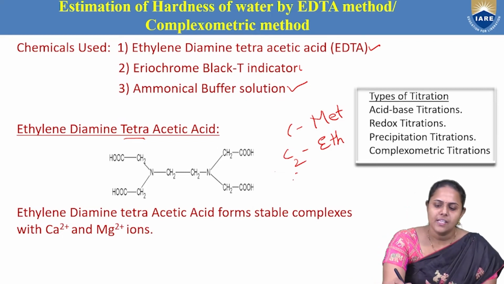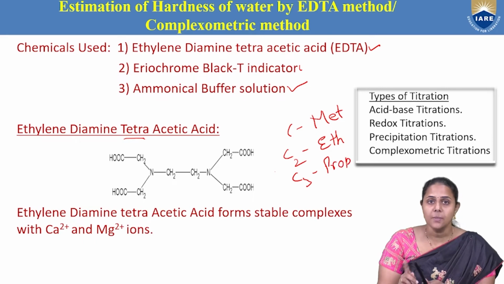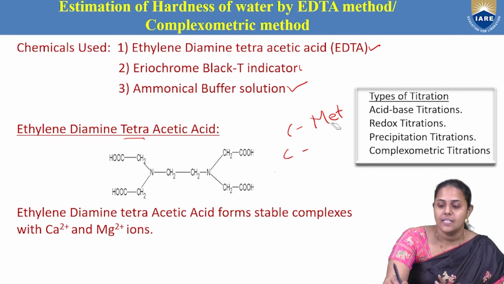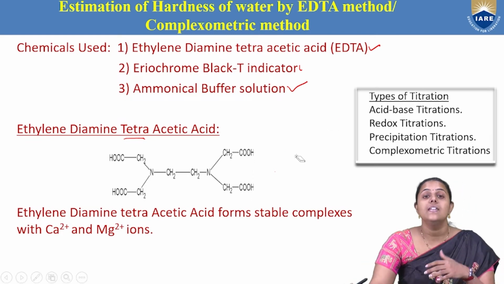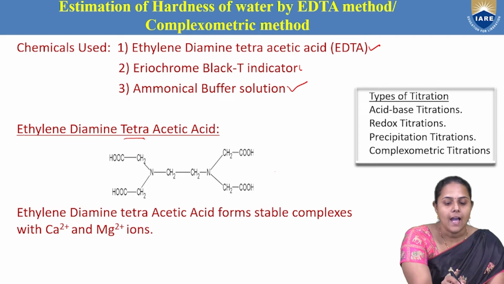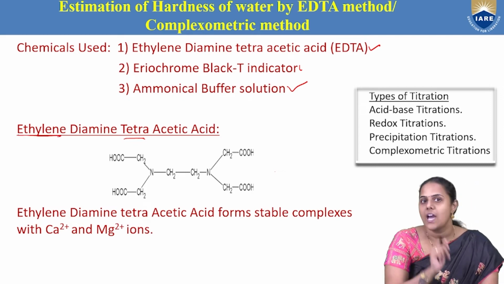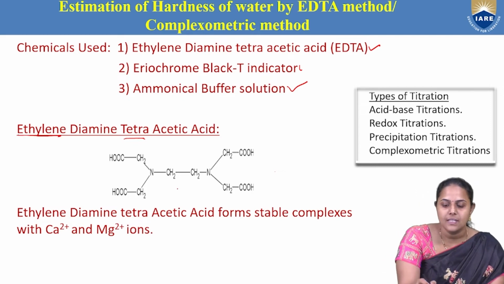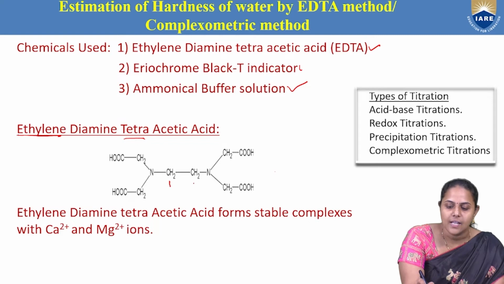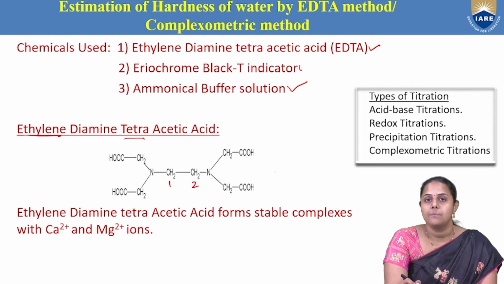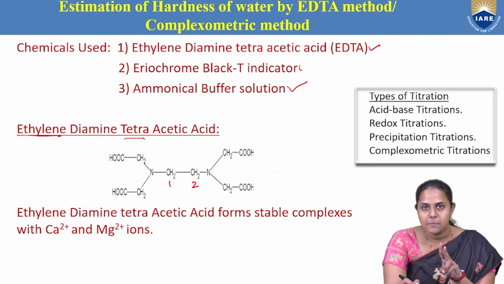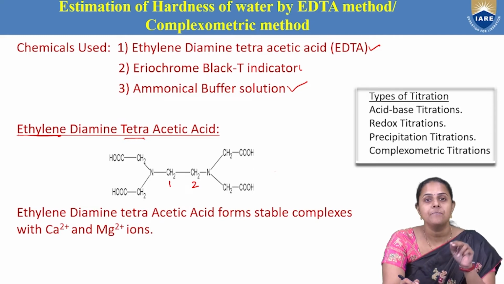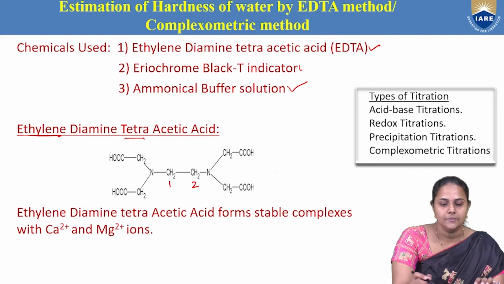If 3 carbons are present, we use prop, meaning propane, propene. Here, our reagent name is ethylene, meaning 2 carbon atoms are present. In the structure, this is 1 carbon atom and this is the second carbon atom. That's why it is named ethylene.